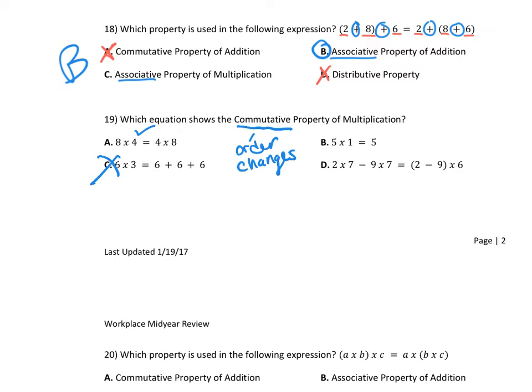That's the closure of multiplication. Order didn't change, so it's not B. And for D, I don't really know what they did there. It's not even a correct statement, so D is wrong. So that automatically means it's A. And that's because it's commutative property of multiplication. The numbers are being multiplied. So A is the correct answer for number 19.